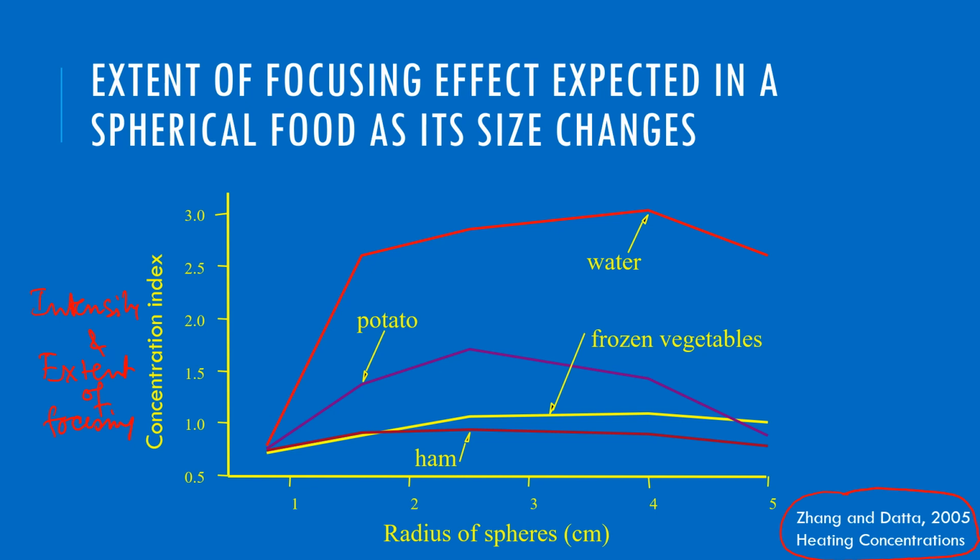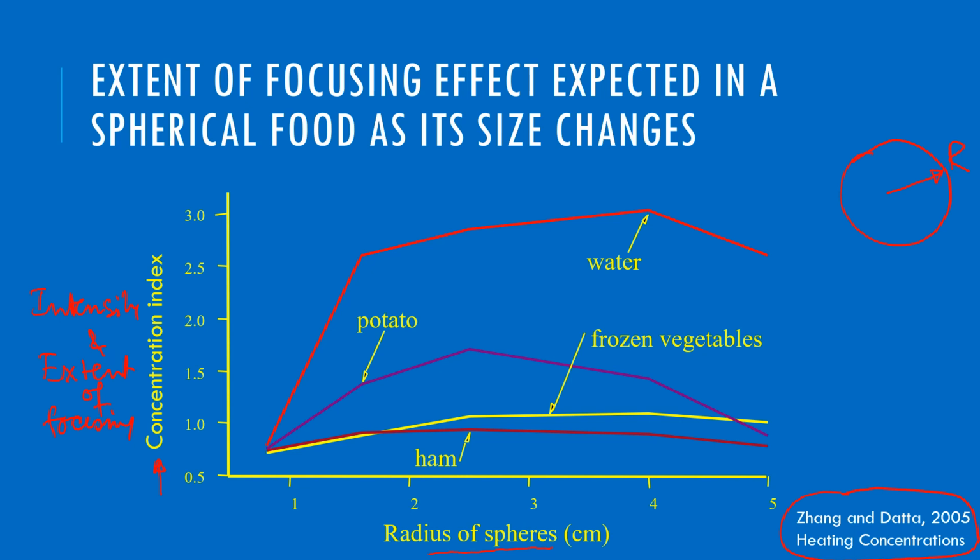But the index measures, as I said, the intensity and extent of the focusing effect in a sphere, and that is plotted with the radius of the spheres. So it's not radial distance, but it's plotted with the radius, capital R, and as you can see, it goes up to 5 centimeters.